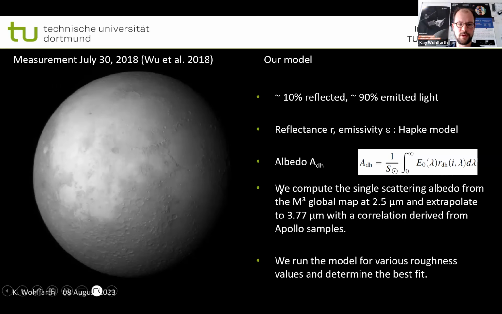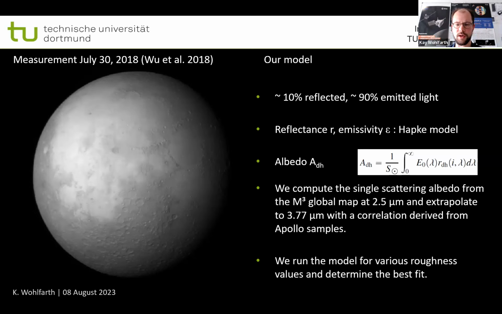I used the M-cube global data set to compute the single scattering albedo, and then I took the Apollo samples from the RELAB laboratory to extrapolate from the 2.5 micrometer single scattering albedo to the single scattering albedo at 3.7 micrometers. And it turns out that there is a linear relationship with a correlation coefficient almost close to 1.